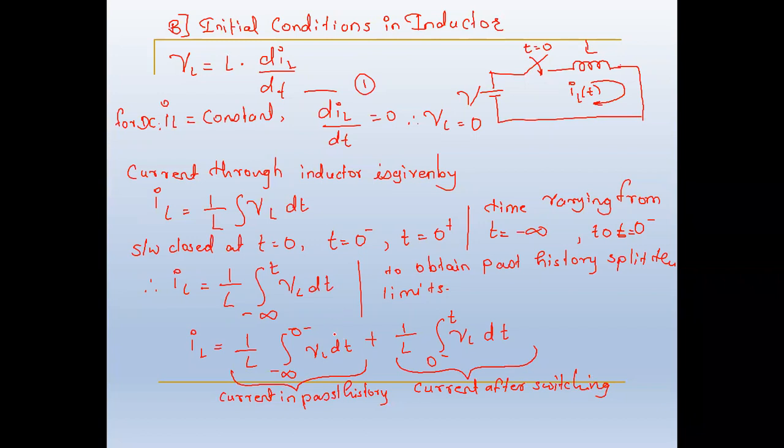The term on the right hand side which indicates the value of the current varying from t is equal to minus infinity to 0 minus, that means before the switching, represents the past history. So it is called the initial current of the inductor.